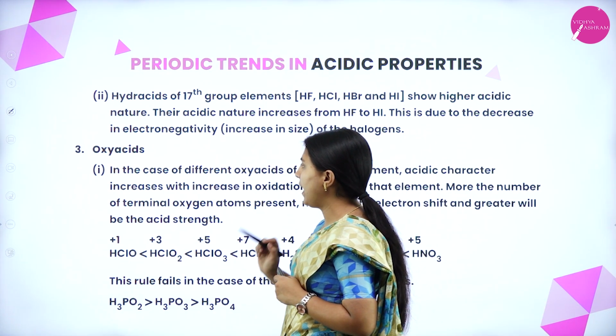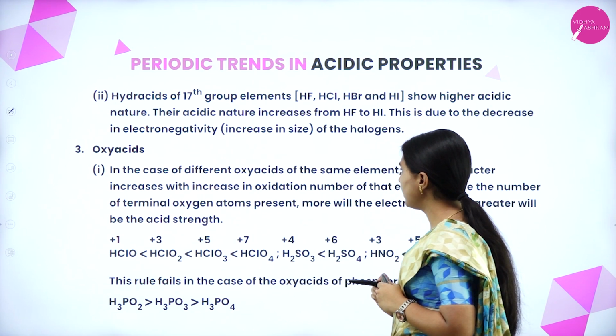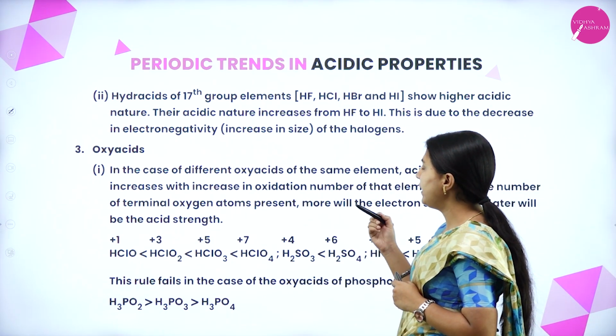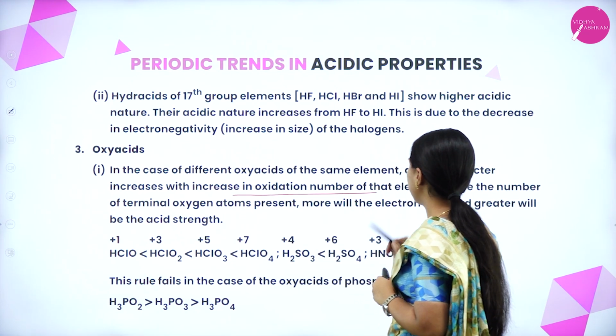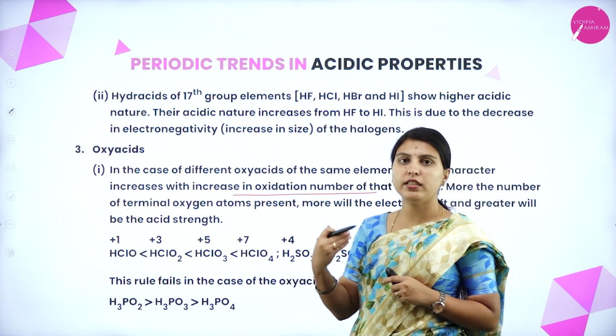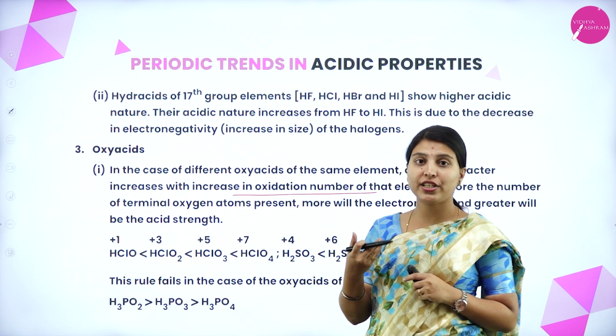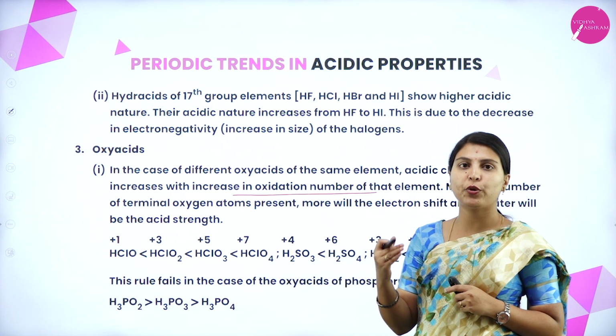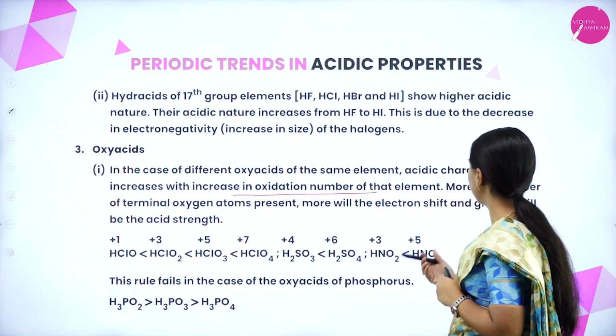Next, oxy acids. In the case of different oxy acids of the same element, acidic character increases with increase in oxidation number. Means whenever the oxidation number increases, their acidic character will also increase, because loss of protons will keep on moving on.